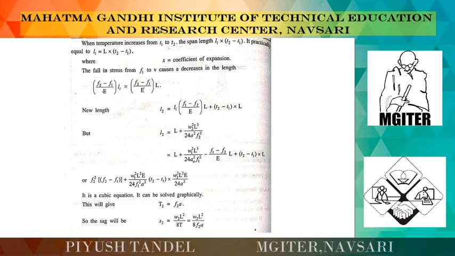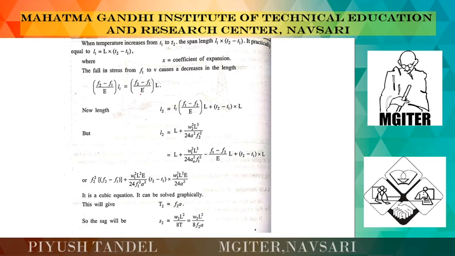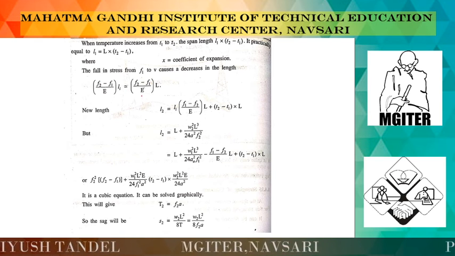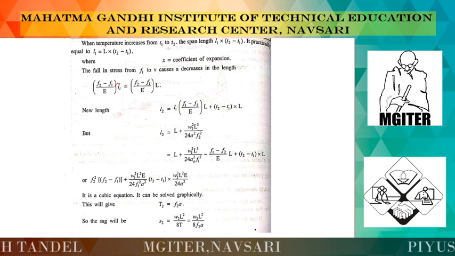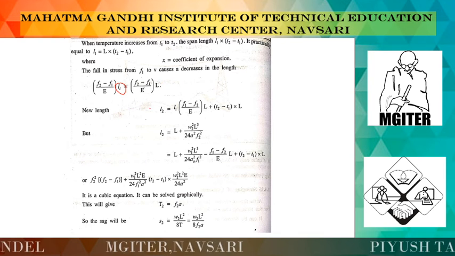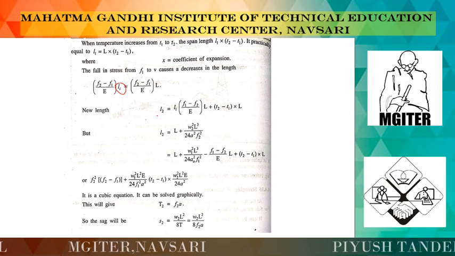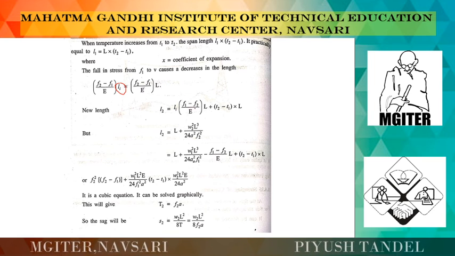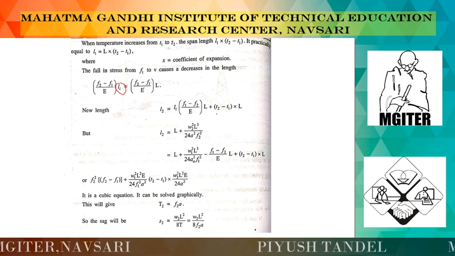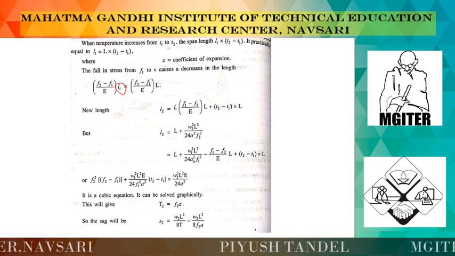Now (F1 minus F2) divided by E into L is similarly equal to (F2 minus F1) by E into L. So L is the change in the length whenever the temperature changes. So the new length L2 is L (F1 minus F2) divided by E plus L into (T2 minus T1).